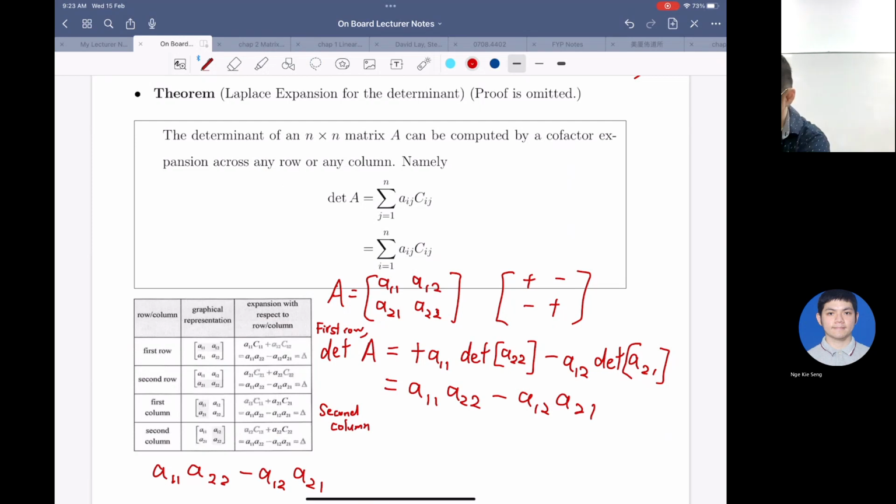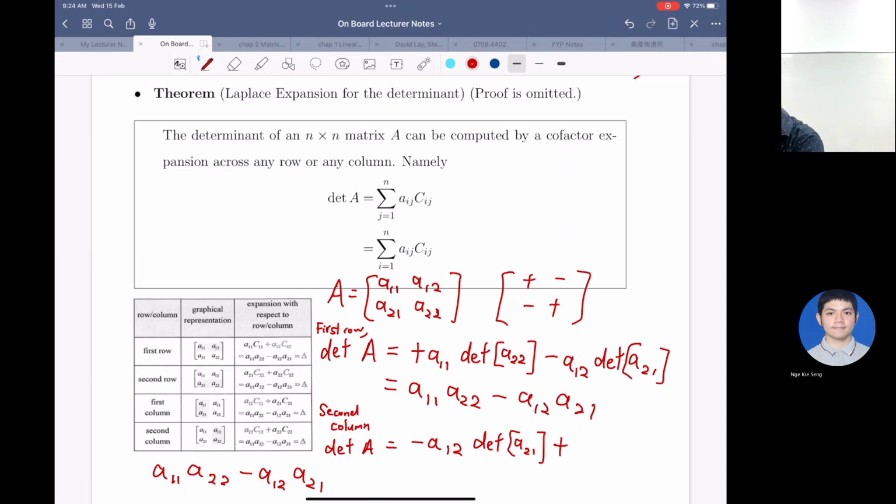Following the formula, determinant of A equals minus A12, taking this coefficient out, then we take away row 1 and column 2, so we get the minor A21, so determinant of A21.